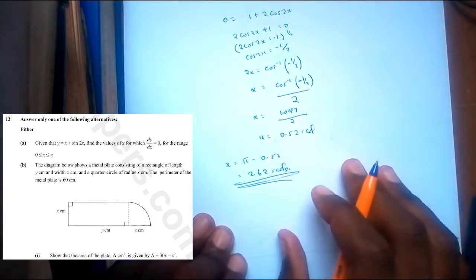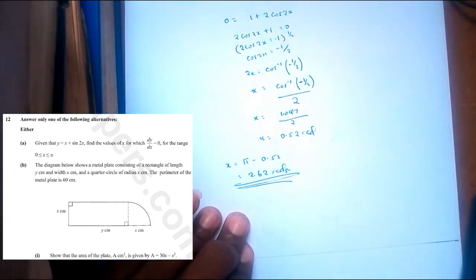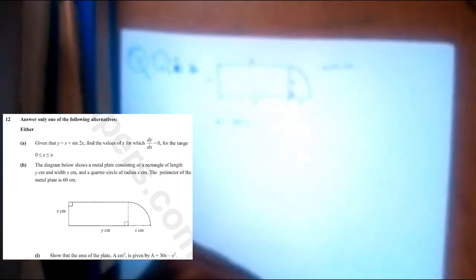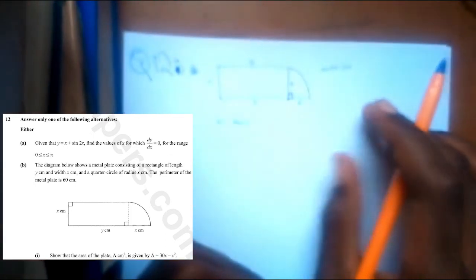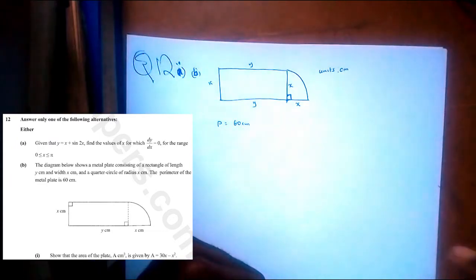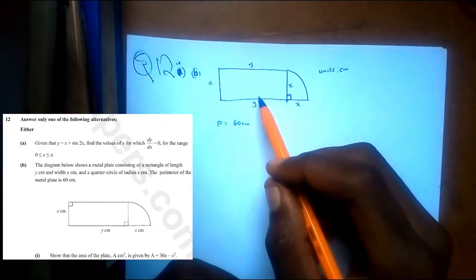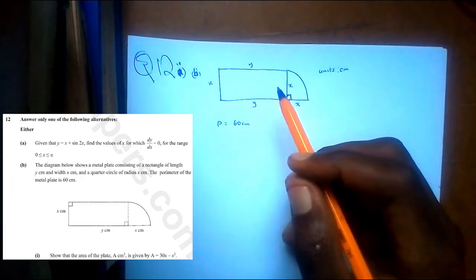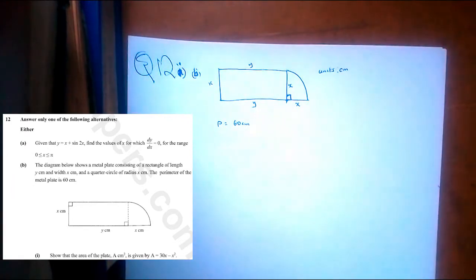Okay. Then we go on to question 12, 1b. The question says, the diagram below shows a metal plate consisting of a rectangle of length y centimeters and width x centimeters, and a quarter circle of radius x centimeters.